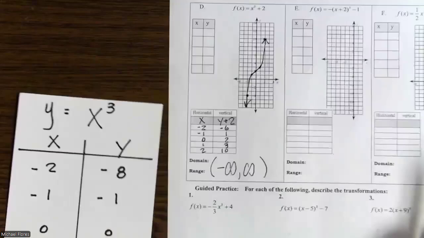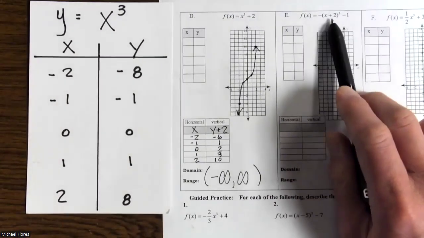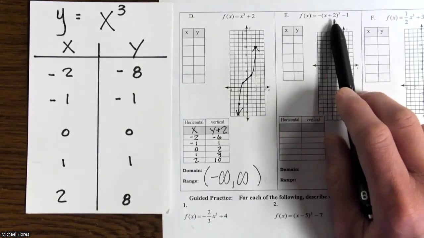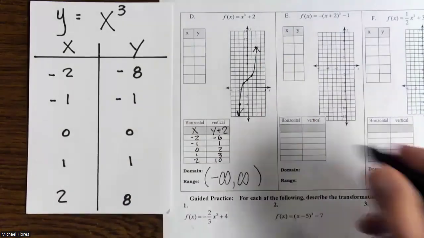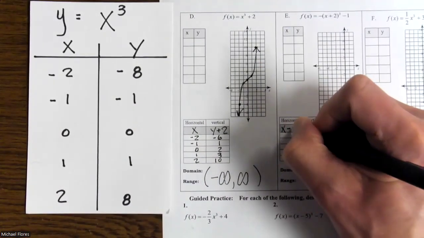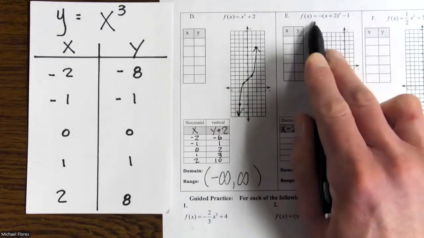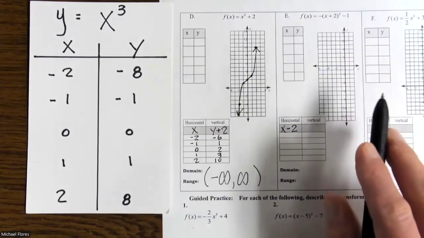Okay, now example E, where we have quite a bit going on with this and a lot of transformations. The number inside the parentheses with the x plus 2, that means our graph is going to shift left 2. So over here in the x column, let's do x minus 2. Every other transformation, the reflection and the vertical shift down 1, all that occurs to y.